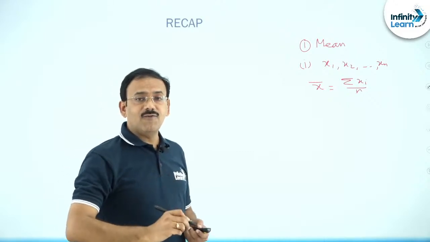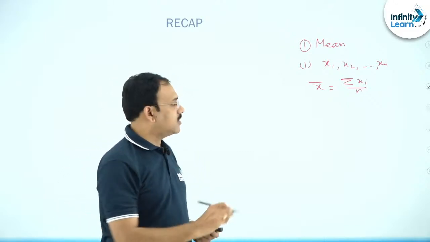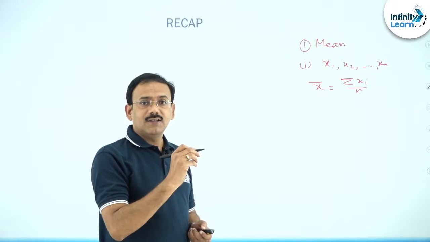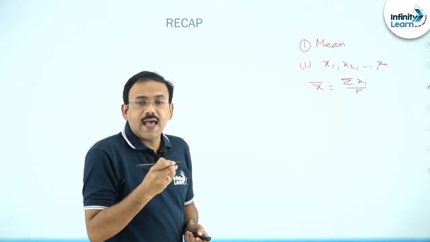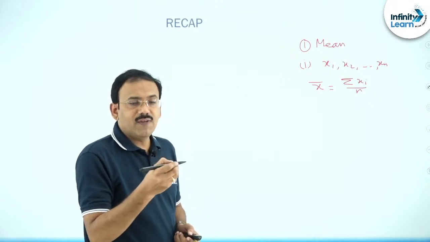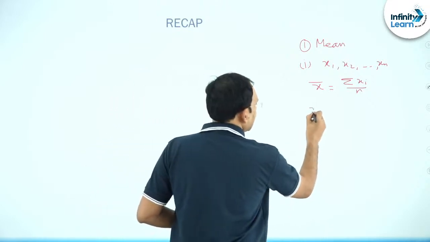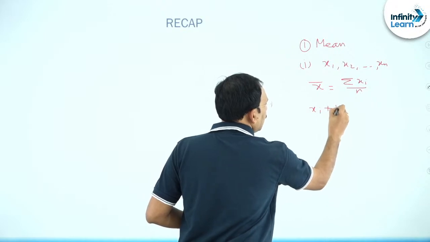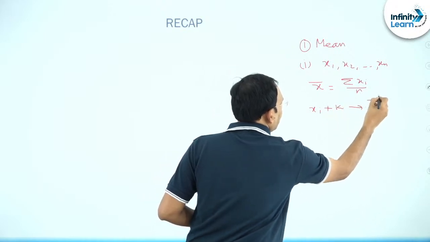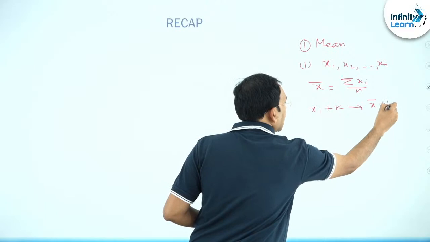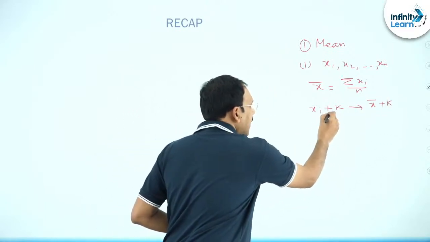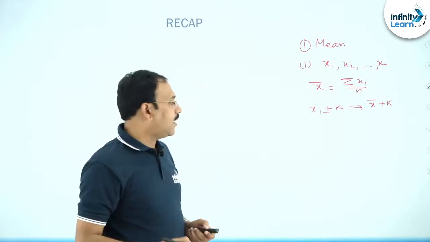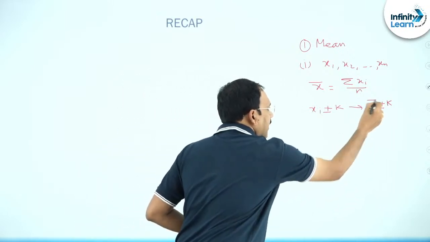For your kind information, one important observation: for a data, suppose the mean is x bar, if k is added to each entry, xi plus k, the new mean will become x bar plus k. If k is subtracted from each entry, the new average is x bar minus k.